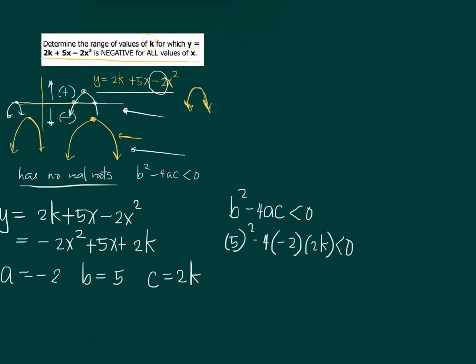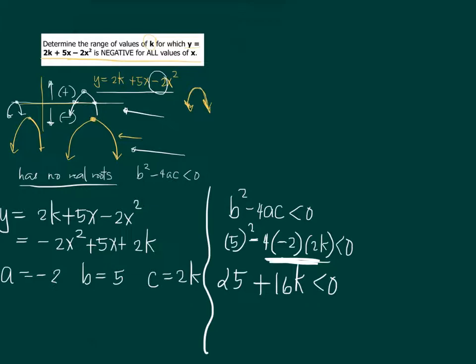So we have 25. These three factors combine into 4 times 2 times 2, that's 16. Since we have minus and negative, we have plus 16k, less than 0.